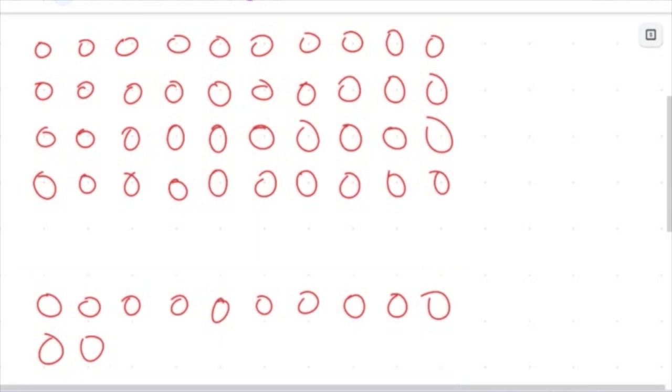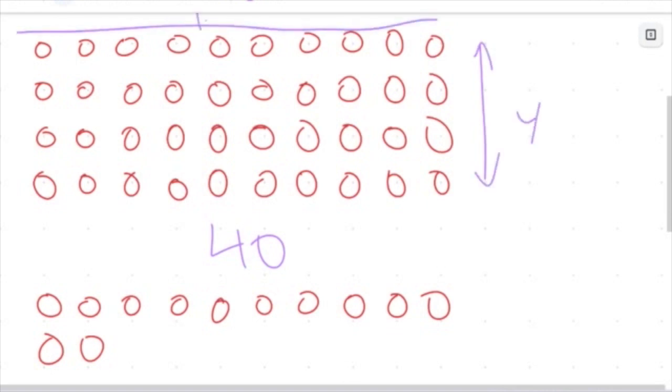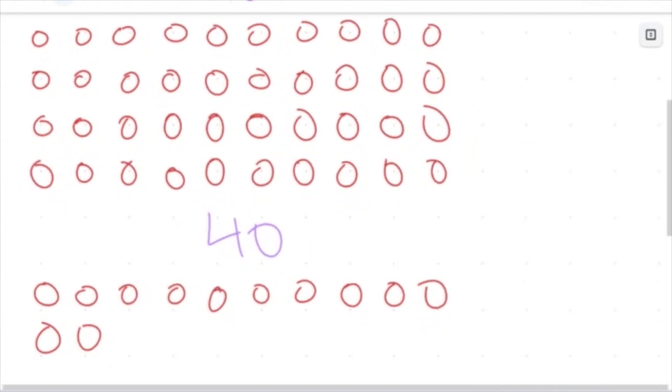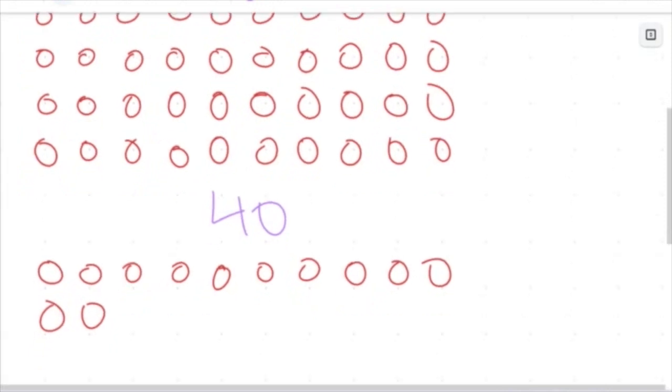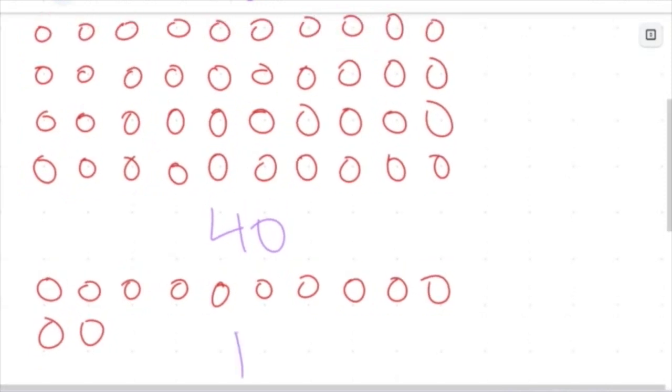So how many of these do I have here? Well, I have 40 now. I've got a column of 4 by 10. If I were to count all of these together, I would get 40. So I've split my 52 up into 40. And if I count these, 2, 4, 6, 8, 10, I have 12 down the bottom here.